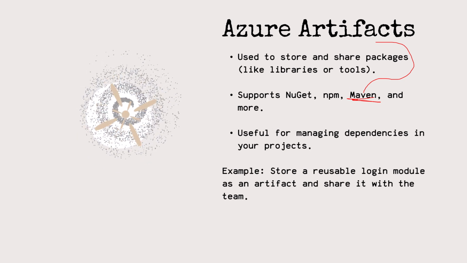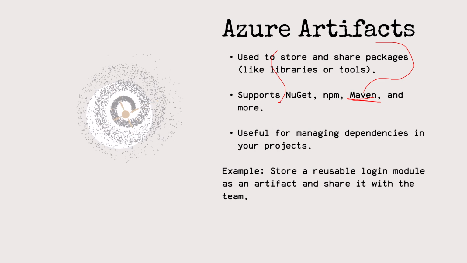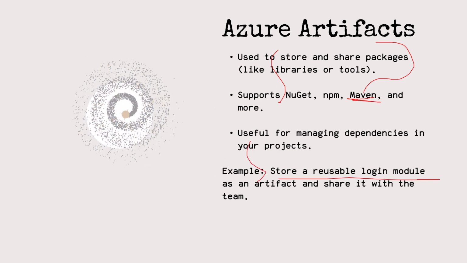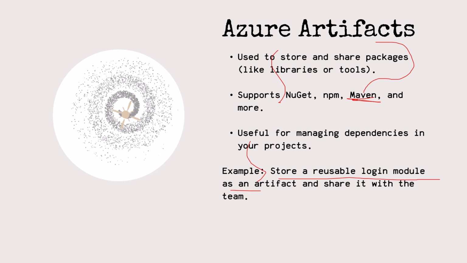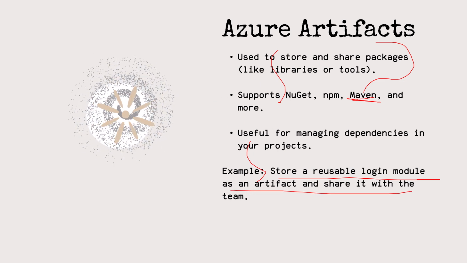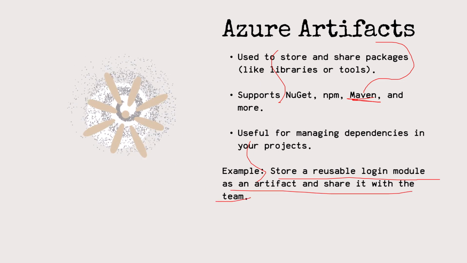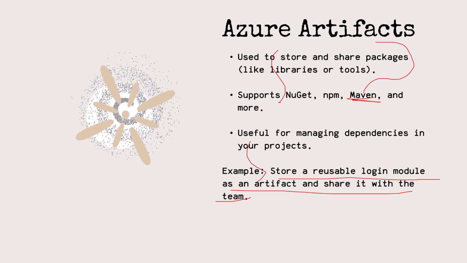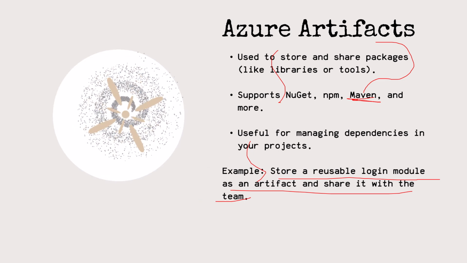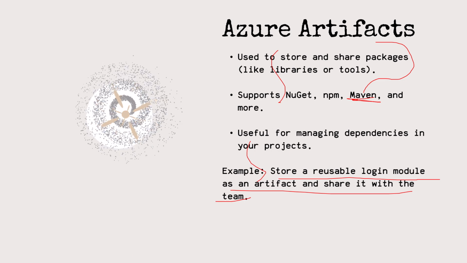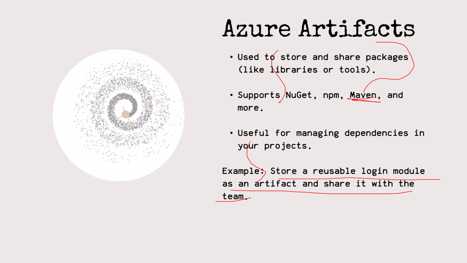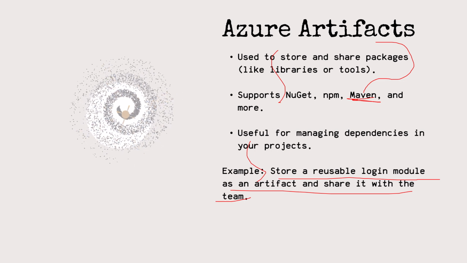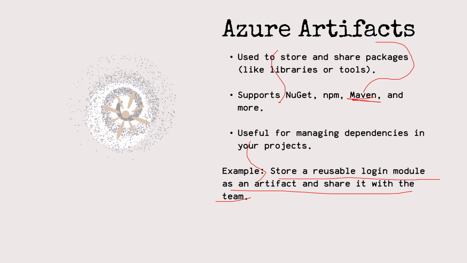One simple example I have given here is this one: to store a reusable login module as an artifact and share it with the team. So the login module can be used as an artifact. Whenever we want to log in the next time, the same login module can be used. Rather than writing username and password, we create a module with the name login, and that can be considered an artifact.